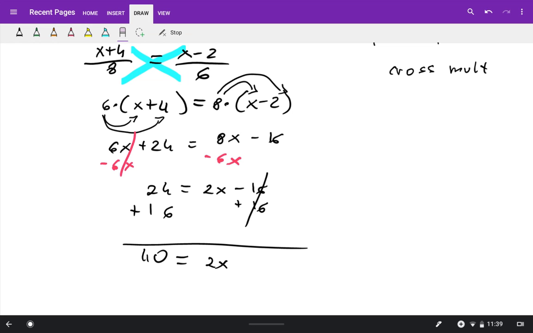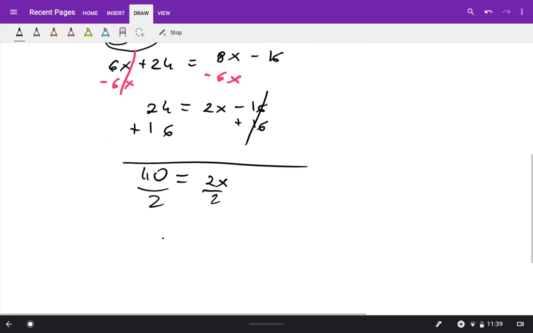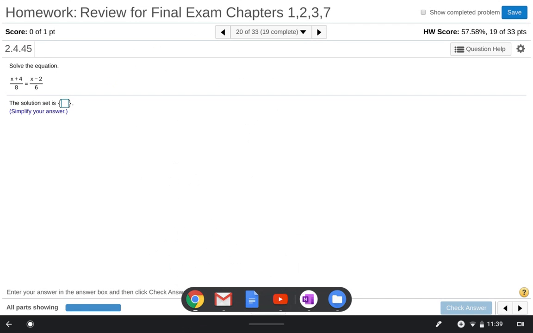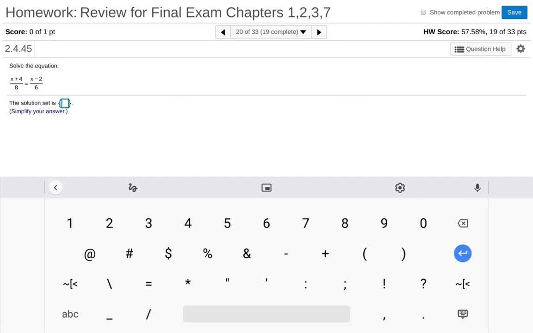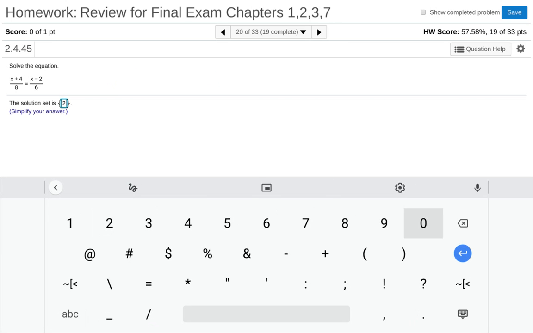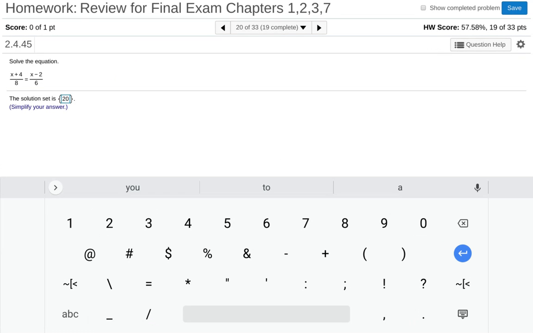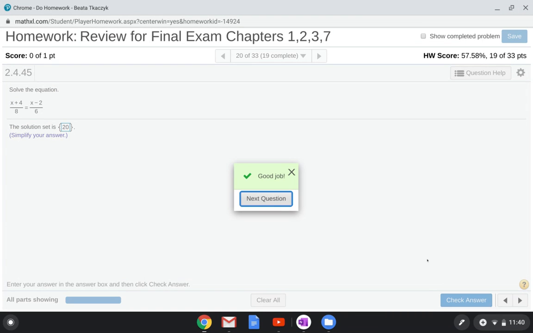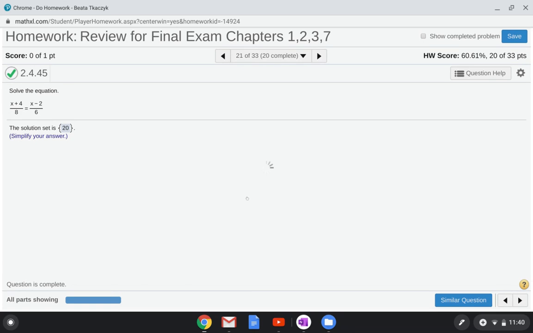And just divide each by 2. So we're getting that x is equal to 20. That's the answer. So let's enter that 20. Check answer. Okay, next one.